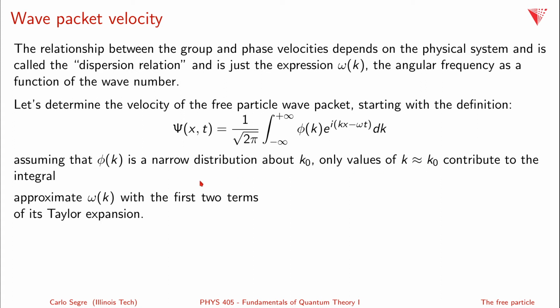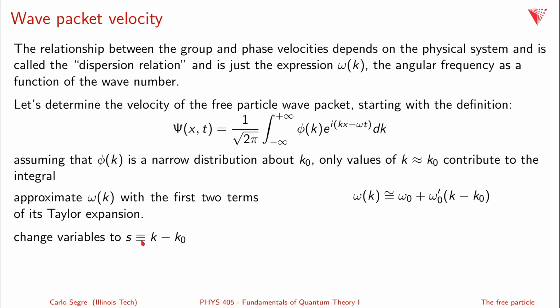So we can simplify the integral. And so we can then approximate omega of k with the first two terms of its Taylor expansion. So omega of k is equal to omega sub 0, which is the central value, plus omega prime, the first derivative with respect to k of omega, times k minus k sub 0.